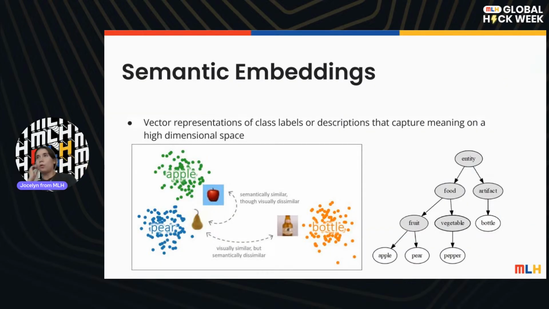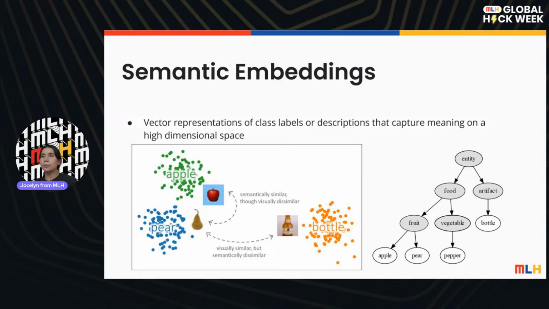And this is where the whole role of semantic embeddings takes place. Semantic embeddings are basically vector representations of class labels or descriptions that capture meaning in a high dimensional space. This is a very complex definition for people that have never heard about embeddings, but embeddings are basically numerical representations.